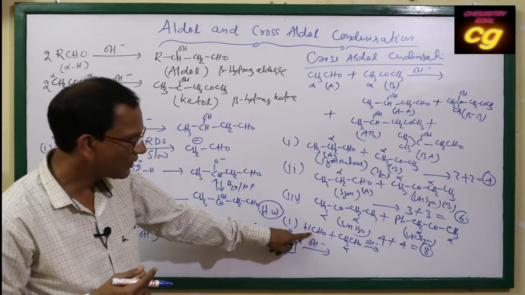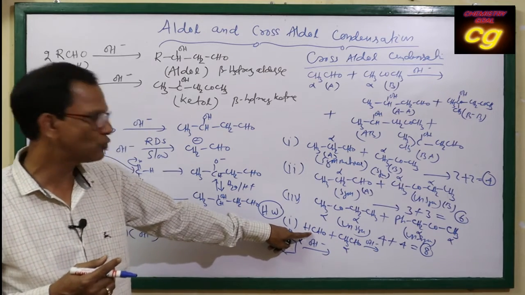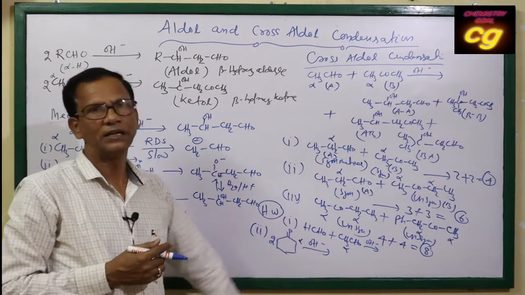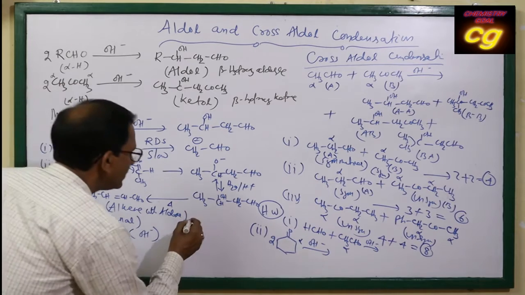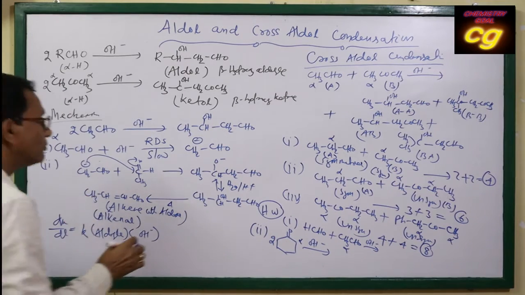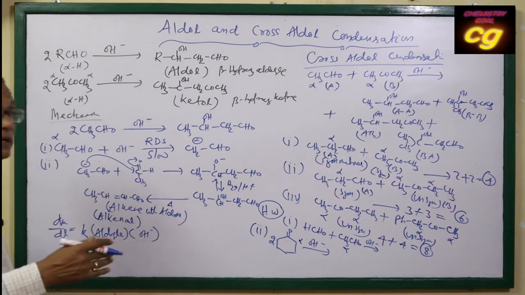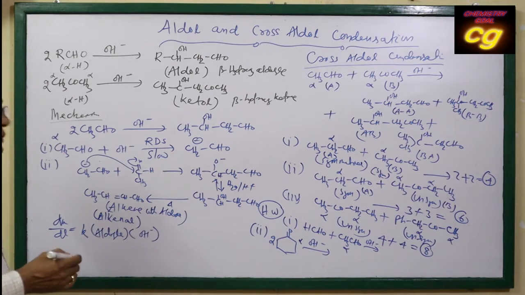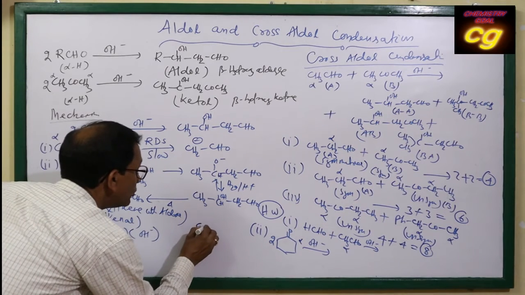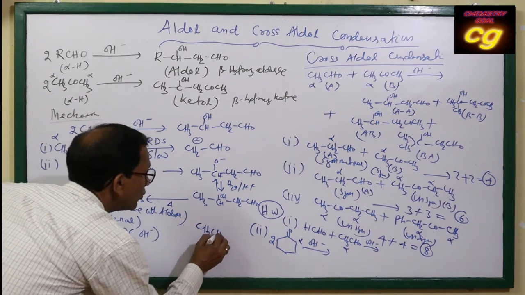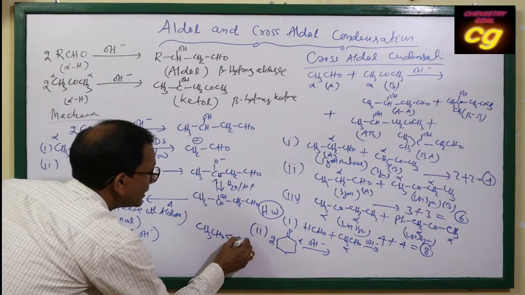So if it has no alpha hydrogen atom, it cannot lose H plus. Mainly the nucleophilic character depends on this: aldehyde is less nucleophilic than ketone. So remember, nucleophilicity of CHO is less than ketone.